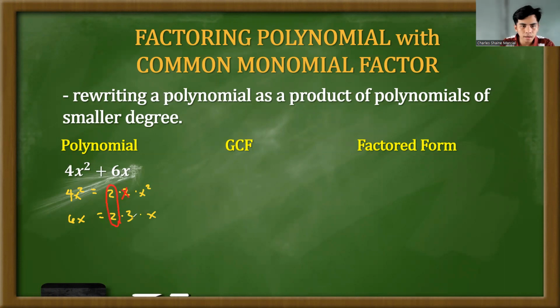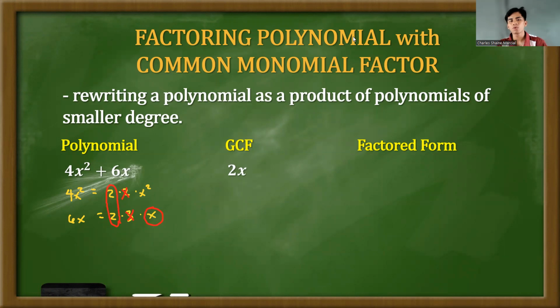Ito, hindi naman sila magkapareha. So, x na yan. And itong x ang kukunin natin since may mas mababa siyang exponent. Now, ang GCF na natin is 2x. Opo. Ang GCF na natin is 2x. Ayan. Ito yung i-consider natin, itong 2 and x. Kaya yung GCF natin is 2x.